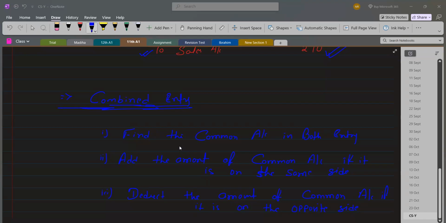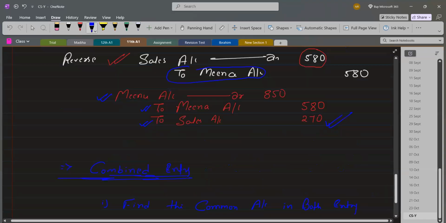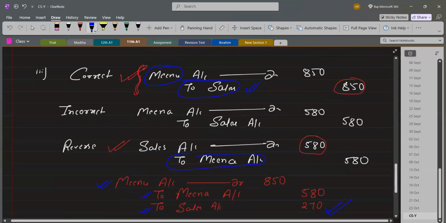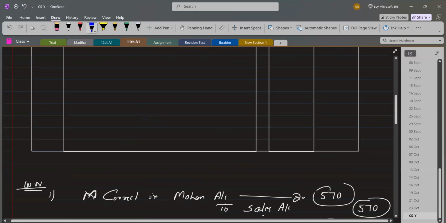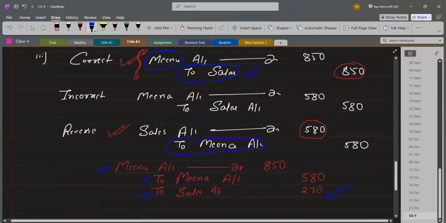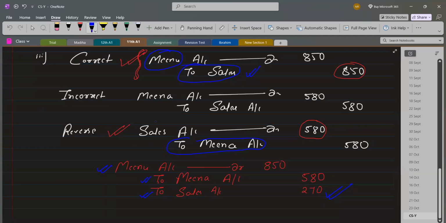Done, sir. Okay. So you understood this entry, or is there still any doubt? Because if you have any, then you should tell me clearly.